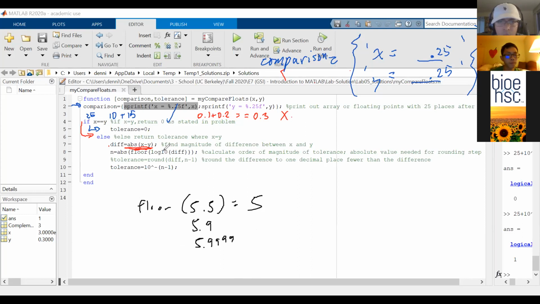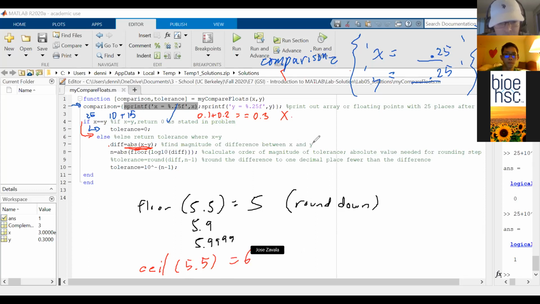And the opposite of that is ceil: ceil of 5.5 equals 6, also 5.1, 5.01. So that rounds up.